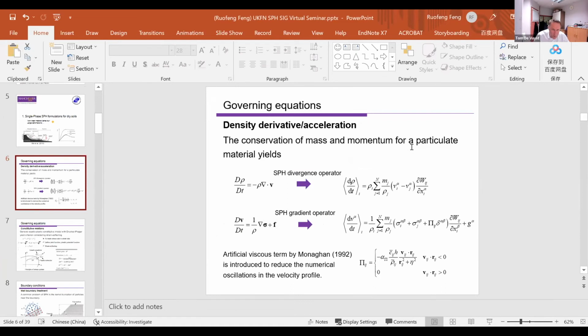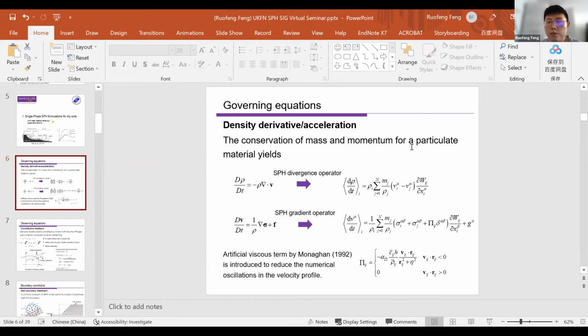So for the strain rate, do you do anything special? Instead of divergence of velocity, you calculate the gradient of velocity. Is there anything special to calculate the strain rate?